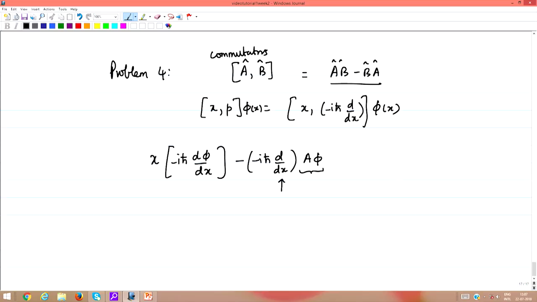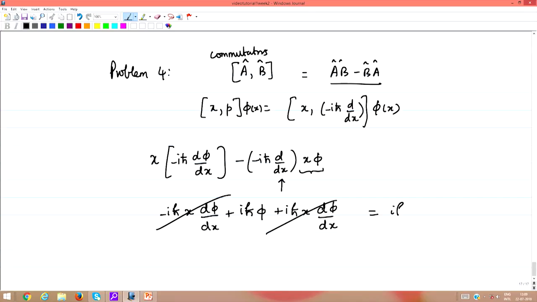So, the derivative here is minus i h bar x d phi by dx plus i h bar, since d by dx on x is 1, and therefore you have i h bar phi, and then d by dx operating on phi gives you plus i h bar x d phi by dx. And these two cancel out, and so the answer is i h bar phi.